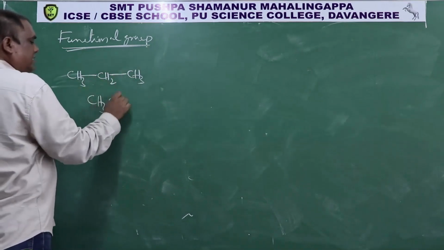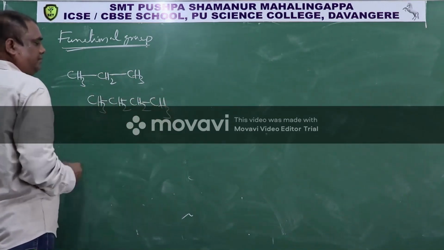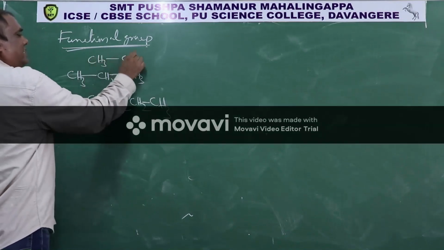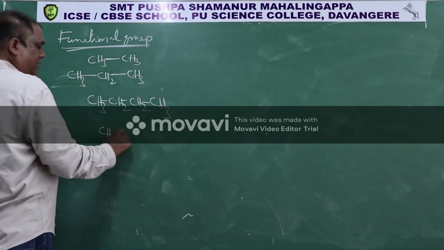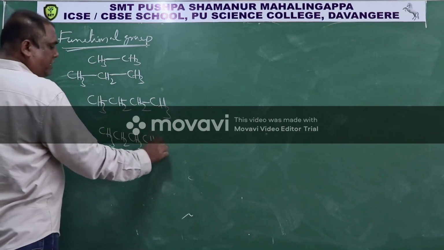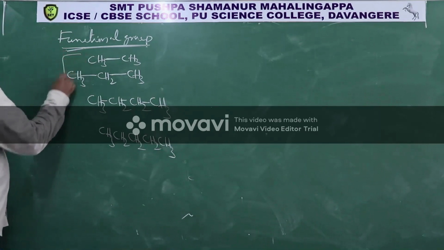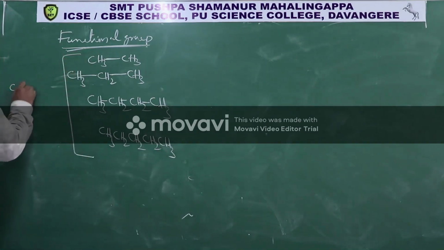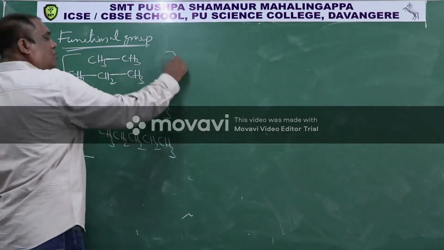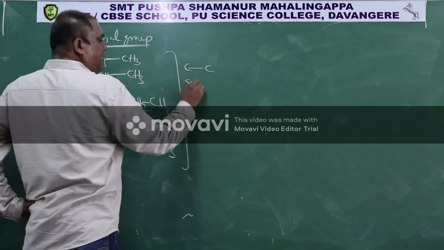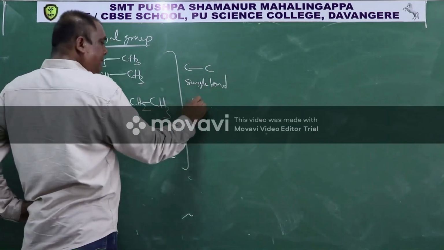Then another one, CH3, CH2, CH2, CH3. Single bond, single bond, single bond. This is CH3, CH3, single bond again. Then CH3, CH2, CH2, CH2, CH3. Now all these compounds have the general formula CnH2n+2. In all these compounds C-C is a single bond. Such compounds are called alkanes.